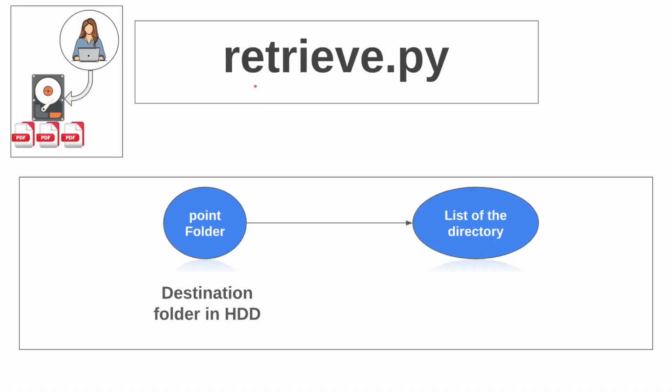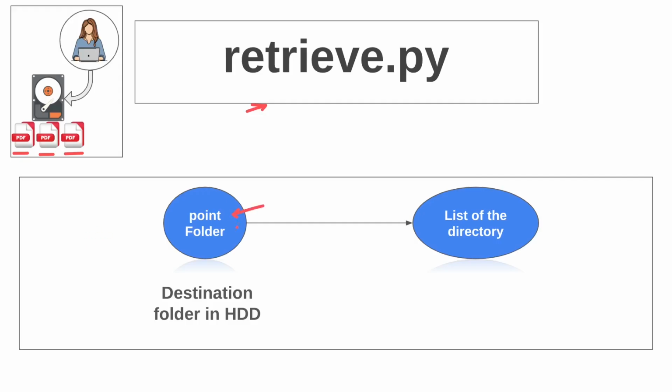Now let's see how to retrieve files from FastAPI. All these files are stored in the backend HDD, and with the help of FastAPI, the user should be able to retrieve all those files. First of all, we have to import all the necessary modules.